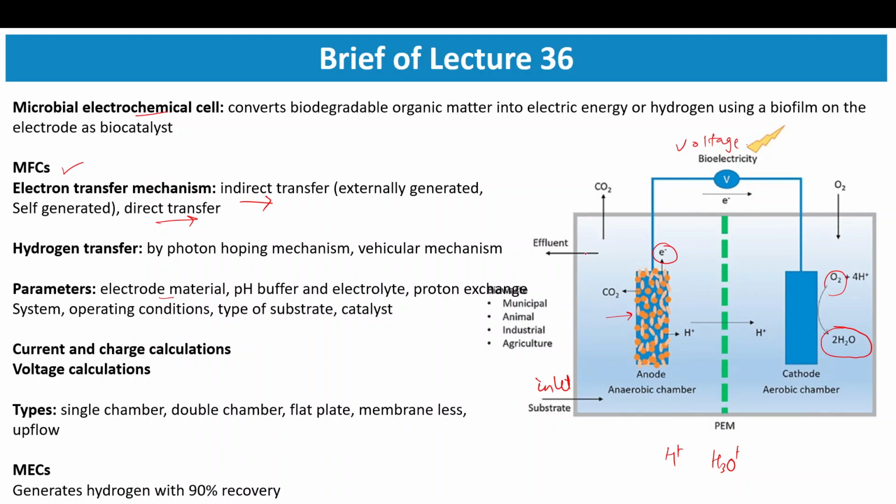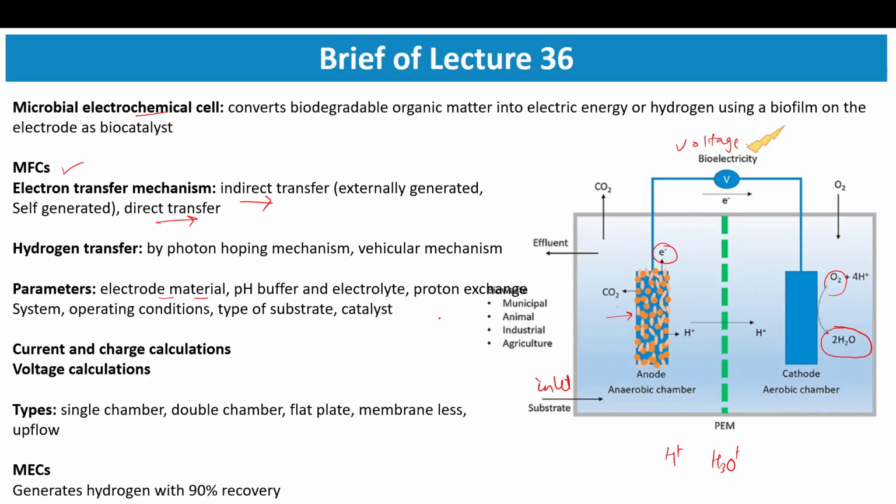So the electrode material, the pH at which the operation is occurring, the electrolyte along with the wastewater you are adding, the proton exchange system, which is this membrane, then the operating conditions, the substrate, which is nothing but the microbes that you provide here for the degradation, as well as the catalyst, because a catalyst can speed up the reaction.